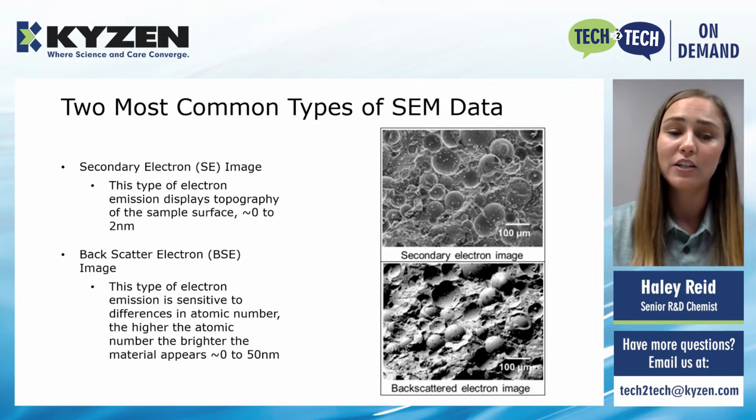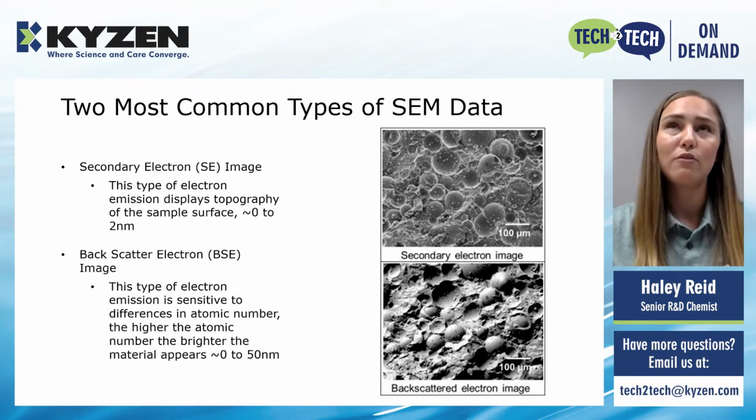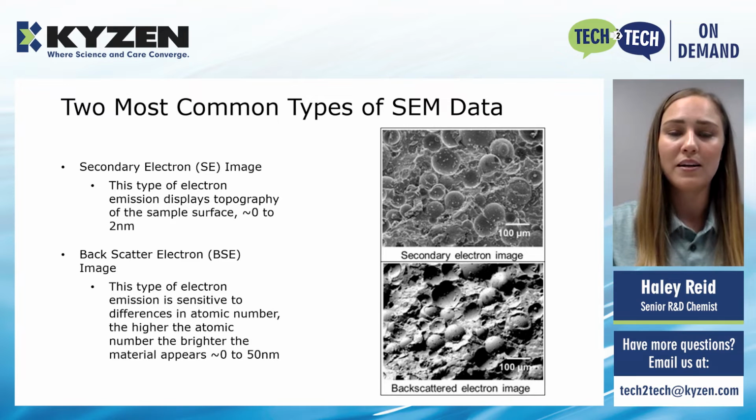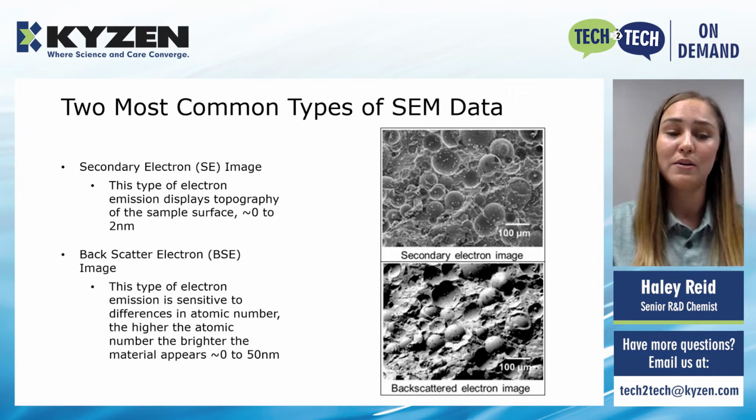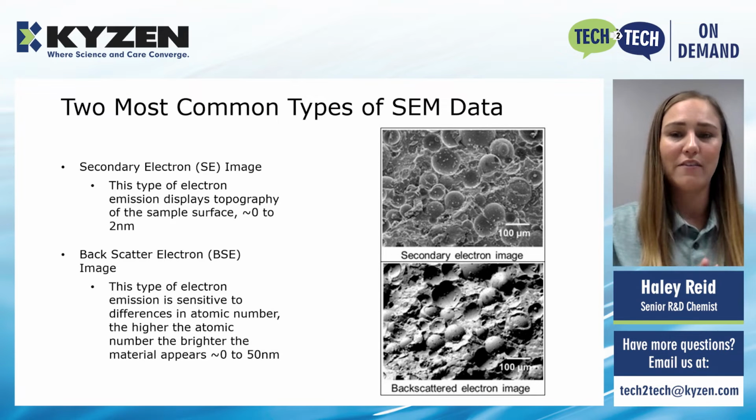The backscatter electron image is really sensitive to the atomic number of what you're looking at. So if you're looking at a very heavy element versus a very light one, you're going to be able to see a contrast of light and dark. The higher the atomic number of an element, the brighter that image is going to be. So something like lead is bright white whenever it's next to something like carbon.